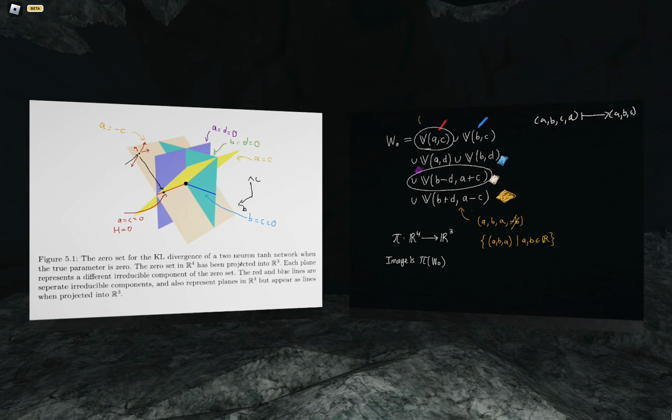Would it be easiest on one of the non-diagonal planes? Yeah, maybe we should do this red component. Okay, so this red component was a equals c equals 0, right? Well, then it's easy because we just have the remainder of the variables.